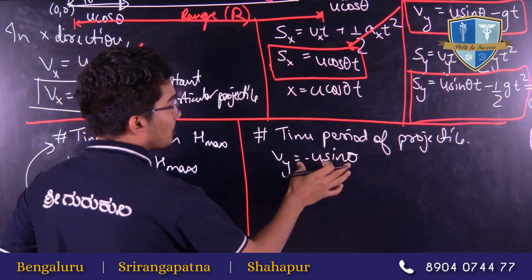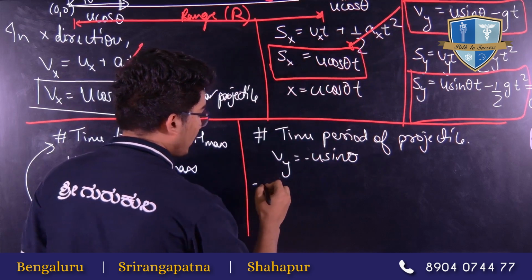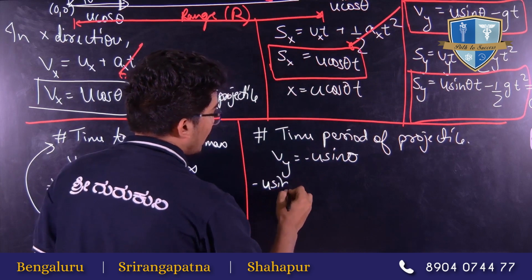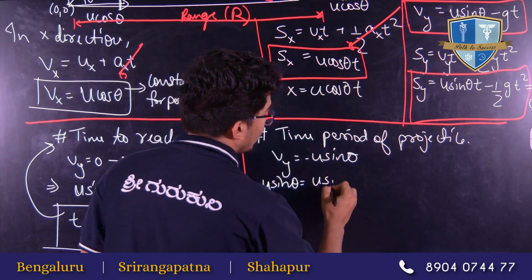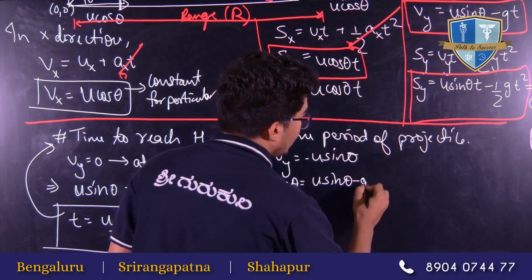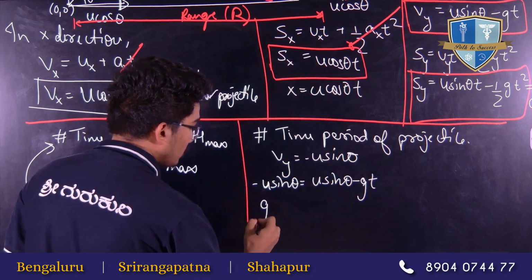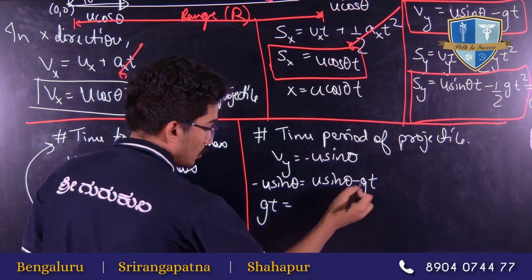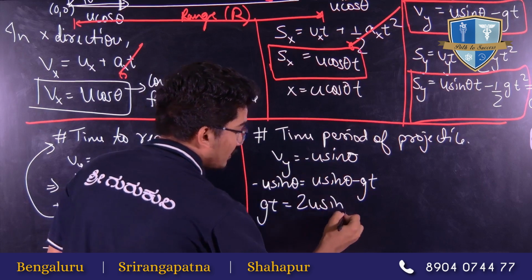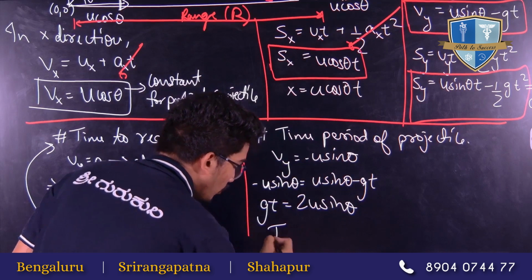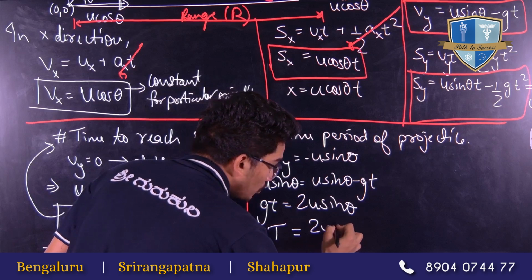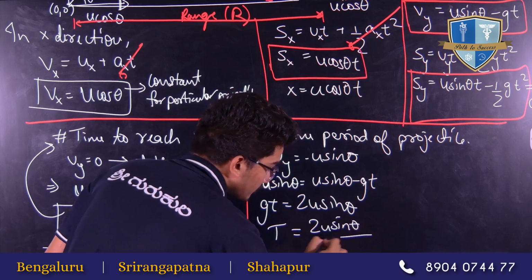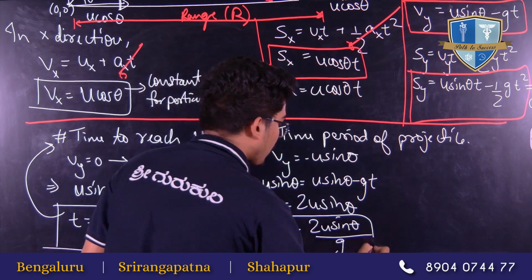Putting this in the formula, minus u sin theta is equal to u sin theta minus gt. So gt will be equal to 2u sin theta, or the time period, denoted by capital T, is equal to 2u sin theta by g. So this is our time period of projectile.